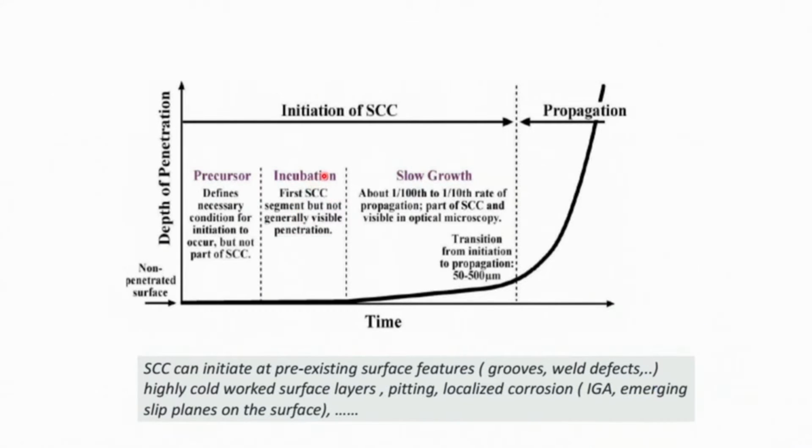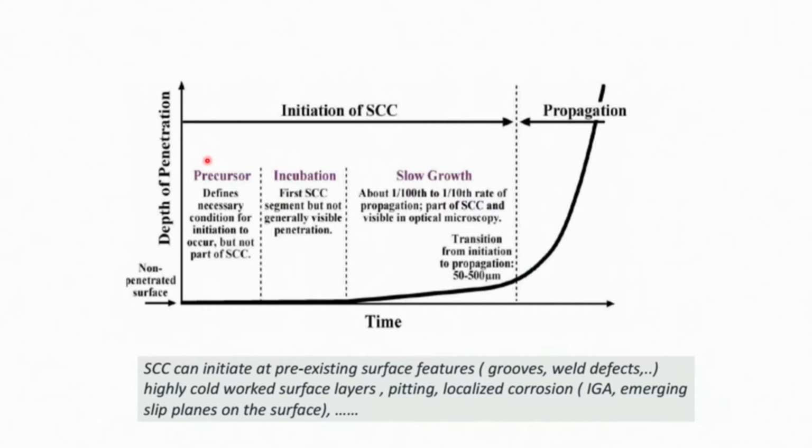After a certain period of time initiation starts, and after a further period you will find slow growth of the cracks through the imperfection sites because there is stress concentration and also dissolution of the film, aided by the typical galvanic action. Then after it reaches a certain length you will find that there is propagation, which is very difficult to control. So, it is dependent on the fracture toughness of the component and also the scale which is forming.